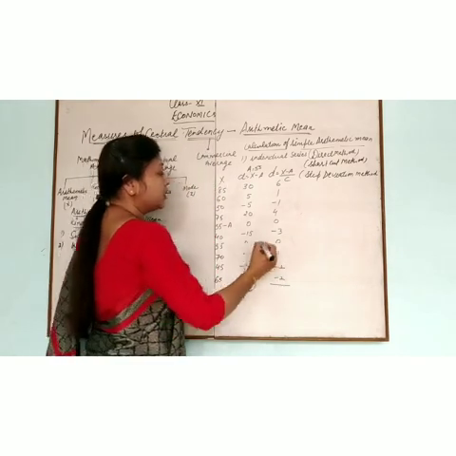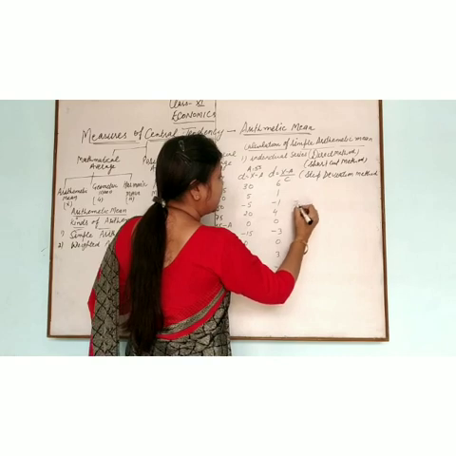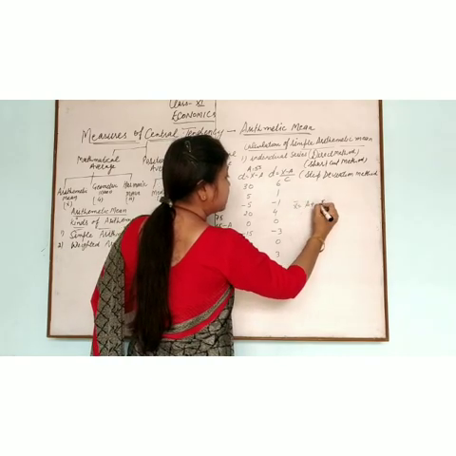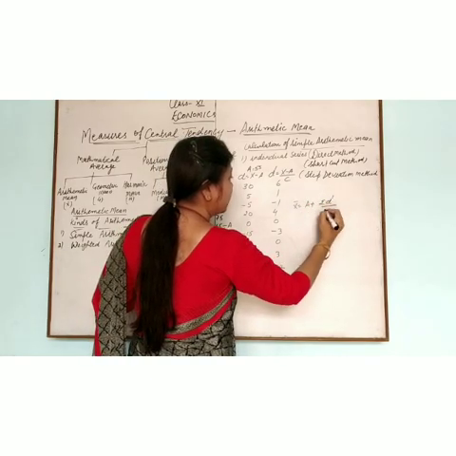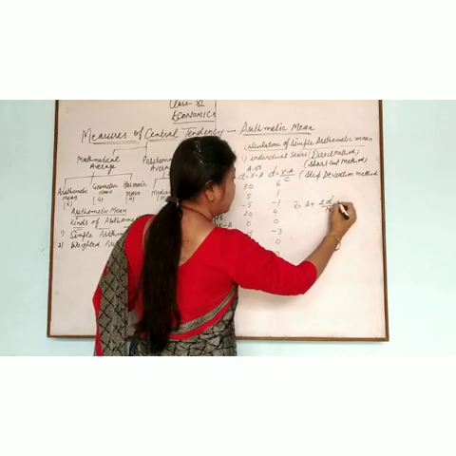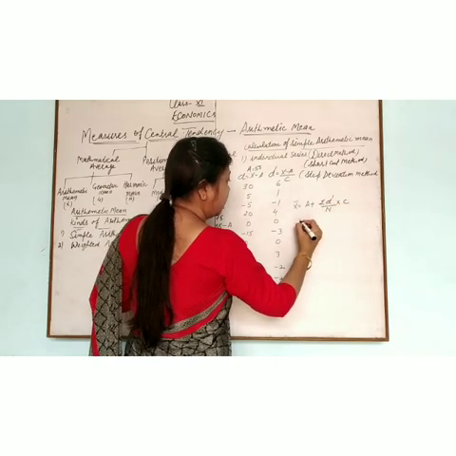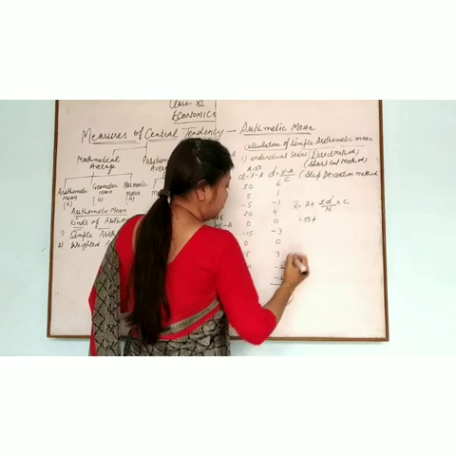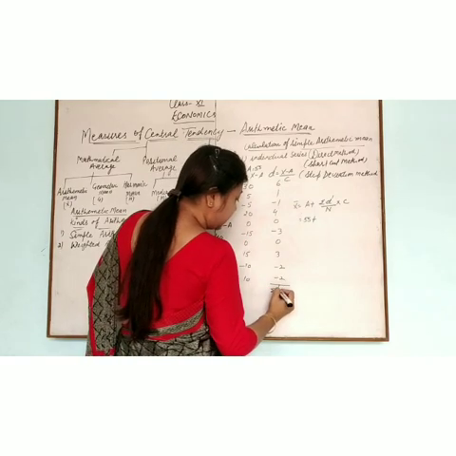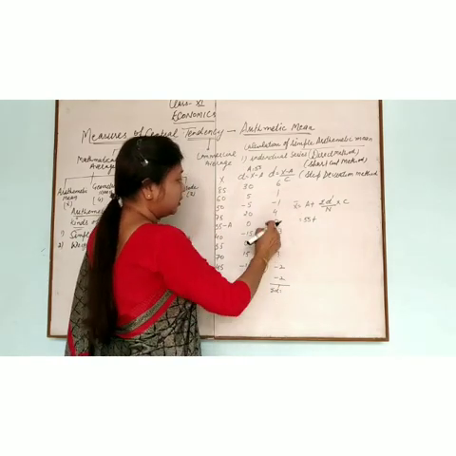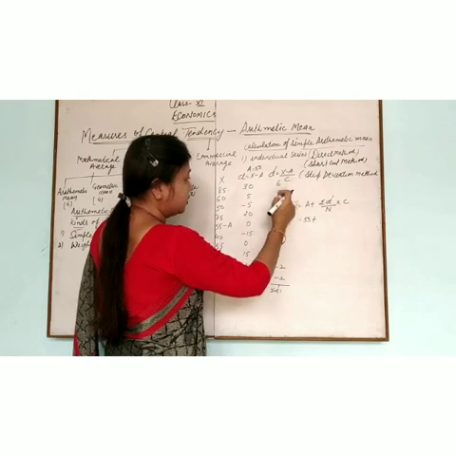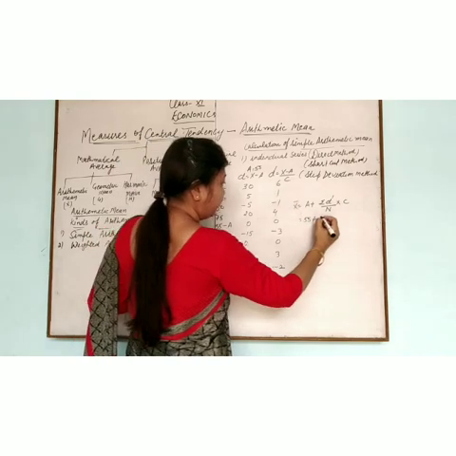Now the formula for step deviation is x bar is equal to A plus summation d dash upon n into c. Here A is equal to 55. Then summation d dash is equal to 10.